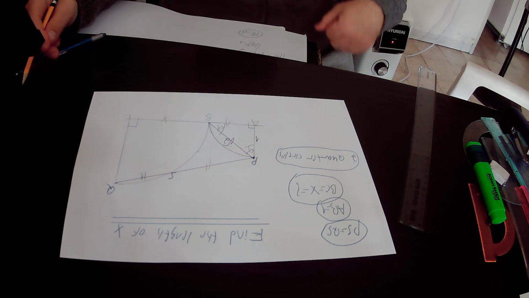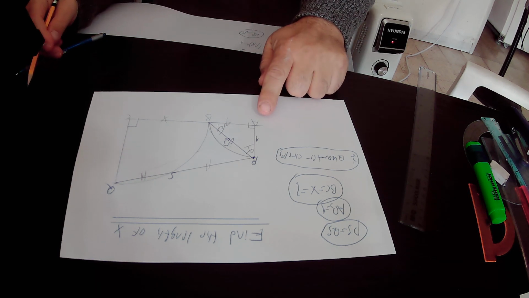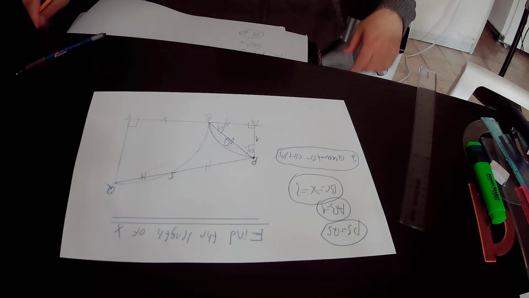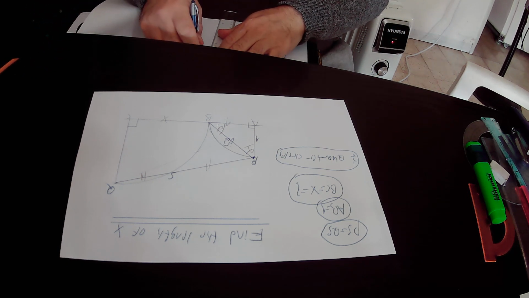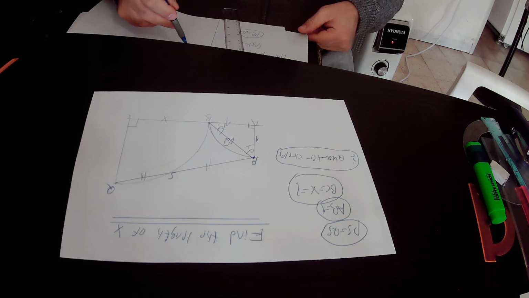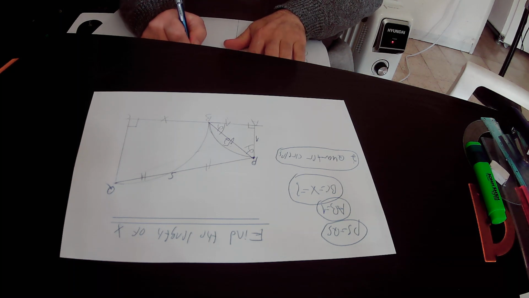And we also know that the sum of the angles in any triangle is equal to 180 degrees. So if we focus on the right triangle PAB, the sum of its angles must be equal to 180 degrees. So which angles do we have in the right triangle PAB?